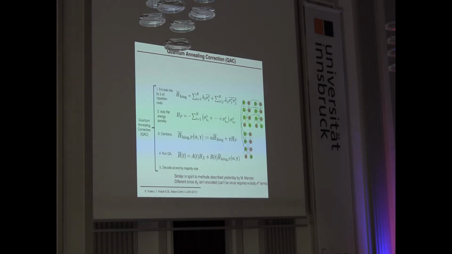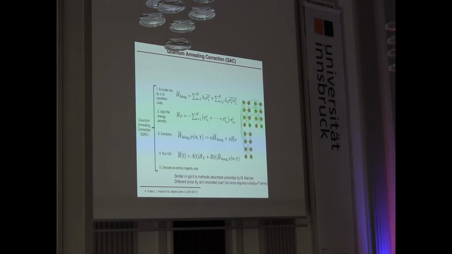So this idea was inspired by the original scheme by Jordan, Farhi, and Shor, and it's similar in spirit to the methods that Milad Marvian talked about yesterday, except there's one important difference, which is that in Milad's talk, the transverse field term was also encoded.